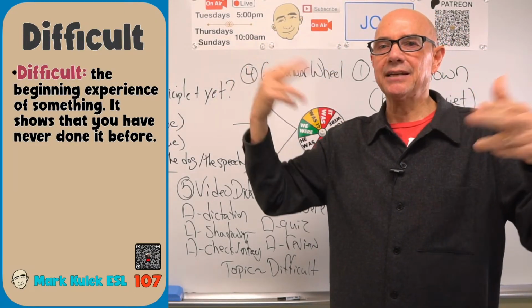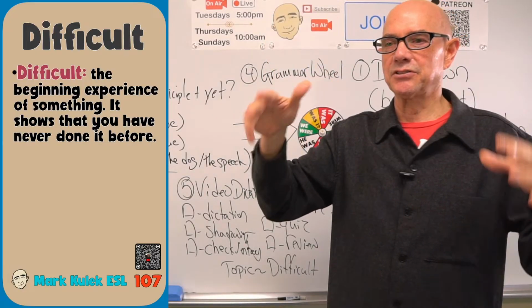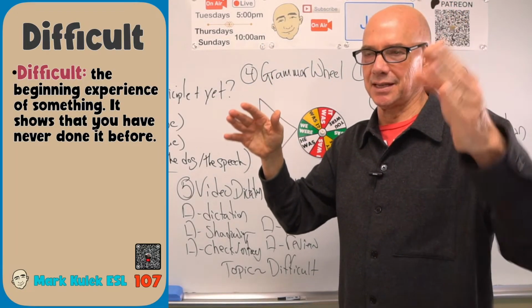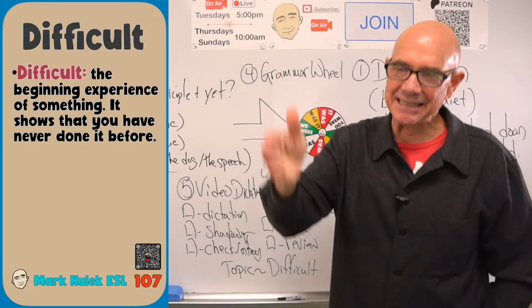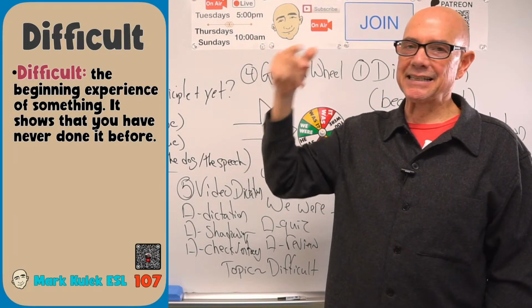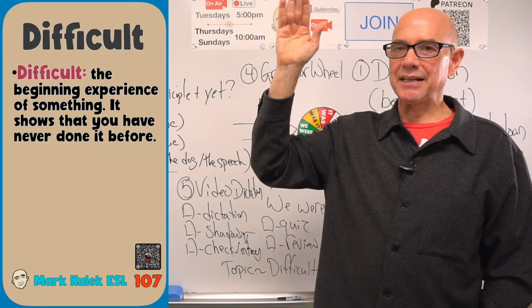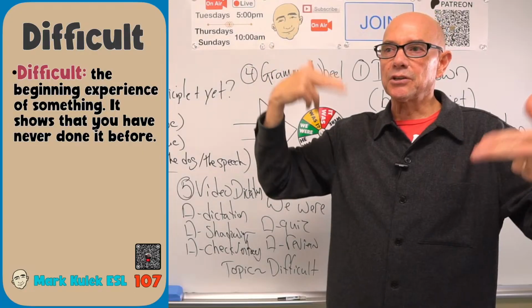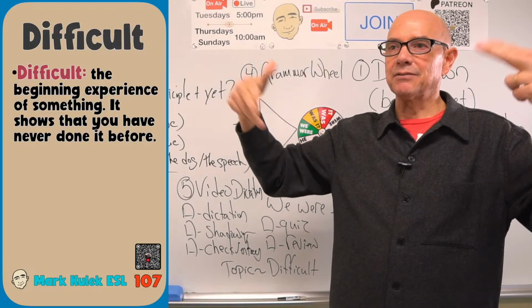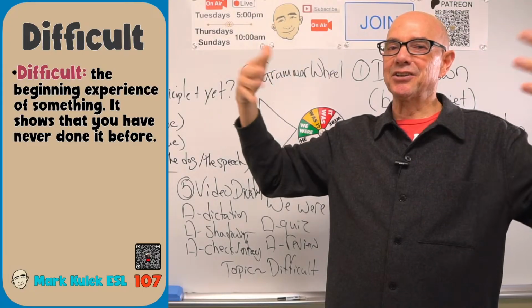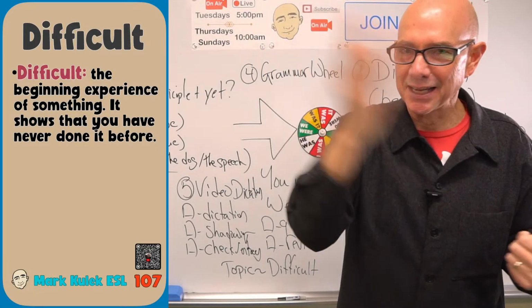So your brain works better that way when you're doing more than one thing, right? So if you're just sitting and listening, you're being passive and it's easy to forget. But if you're listening and writing at the same time, your brain is working harder and therefore you're going to have a better memory of it, right?